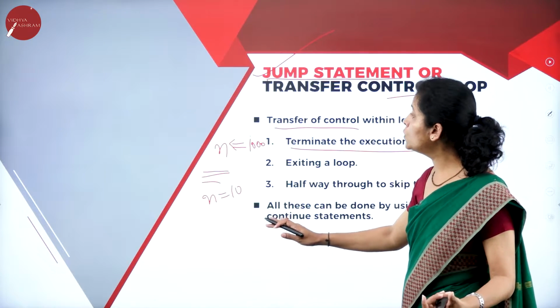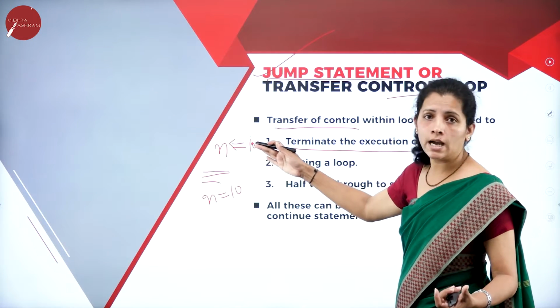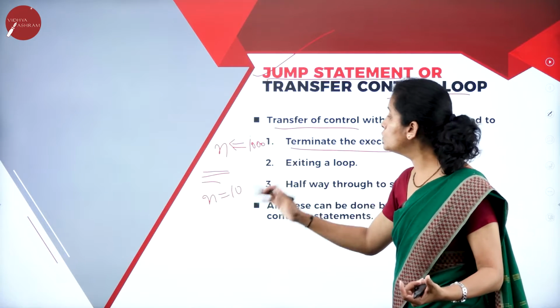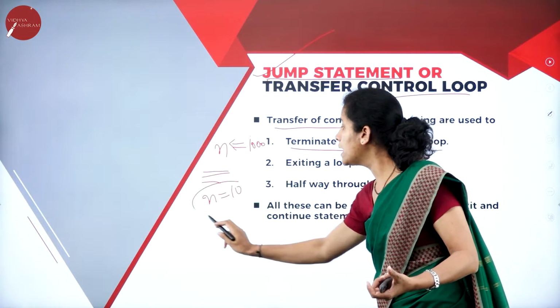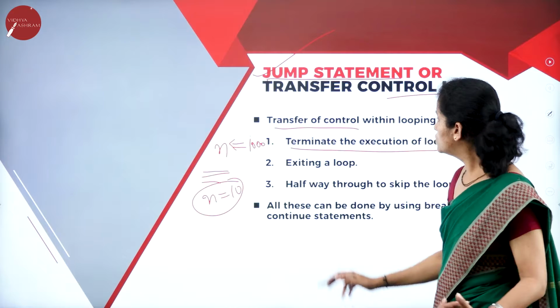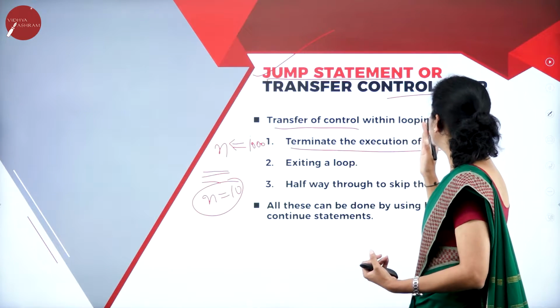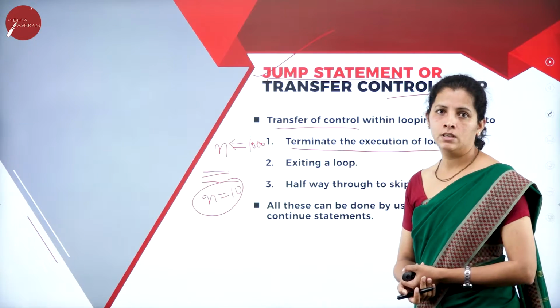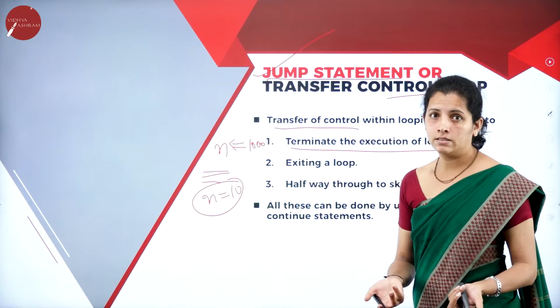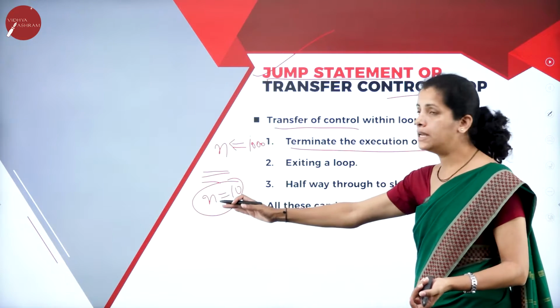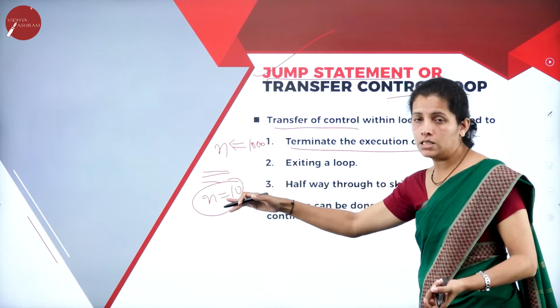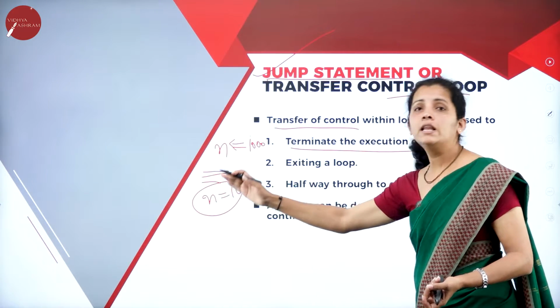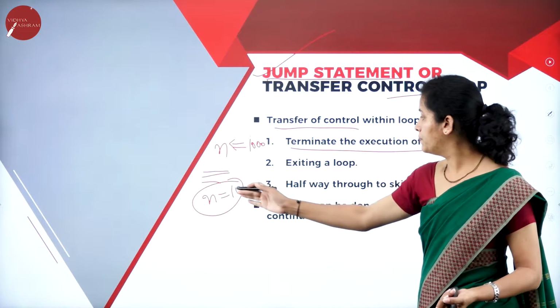I don't want to repeat 1000 times. Instead of that, I want to terminate when I reach 10. So here, terminate the execution of the loop. Then exit. Suppose instead of terminating, I want to exit when n equal to 10.